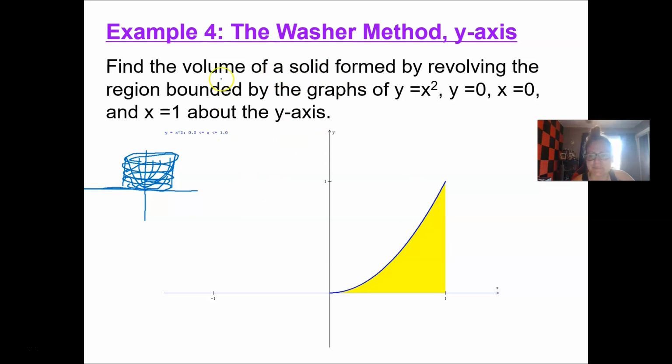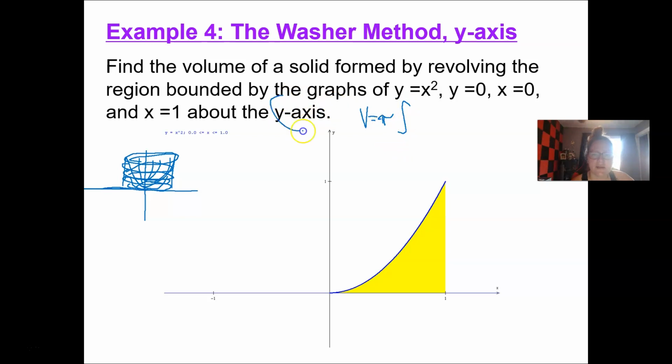Anyways, okay, so x equal to 1 is my outer region, and then this parabola y equals x squared is my inner region, right? So volume equals pi. Anytime we have volume, we're putting pi.